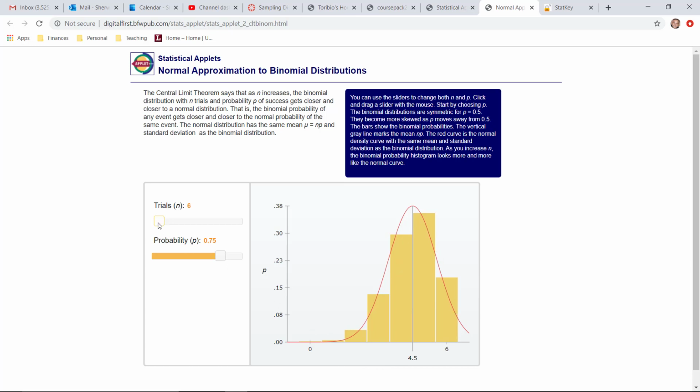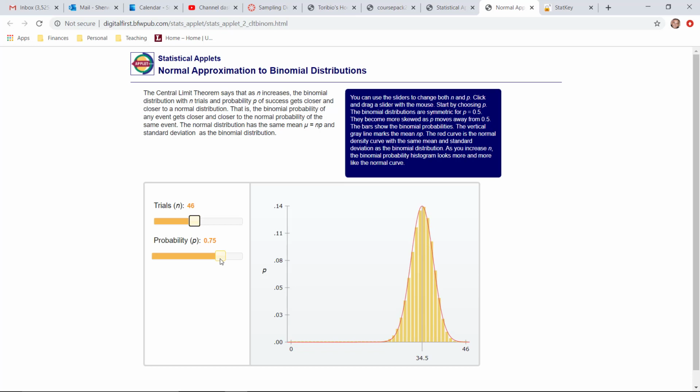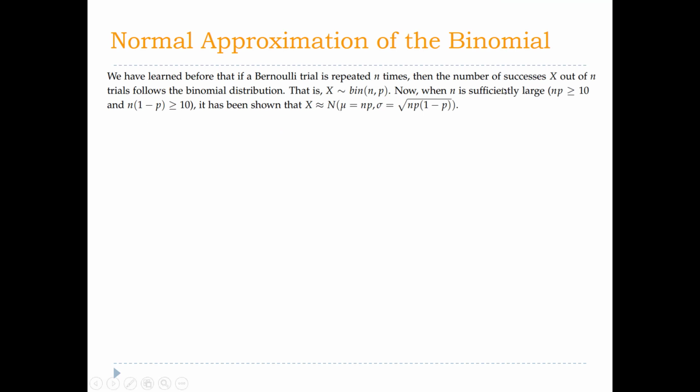But if you increase the sample size, notice that even if you started with a success probability of 0.75, the probability histogram becomes more and more normal looking when n increases. And that is basically what this is saying. When n is sufficiently large, x, which is really binomial, can be approximated by a normal. Let me give an example.